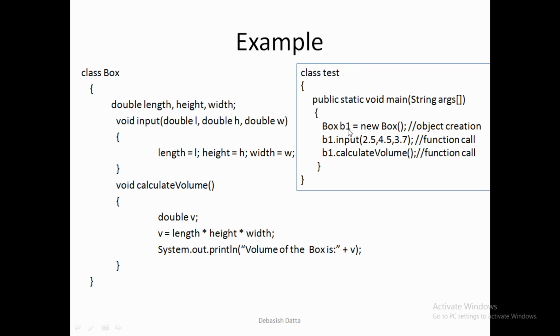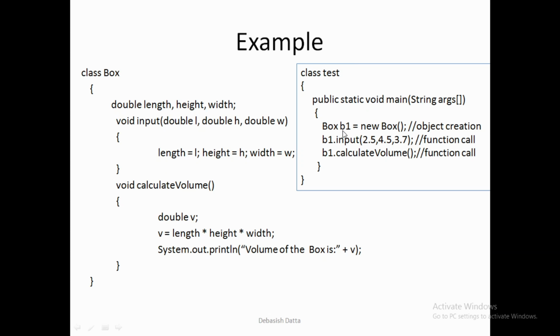Now as you can see, whenever B1 is created, we have used the name of this class. So B1 will have the properties which belong to this Box class.